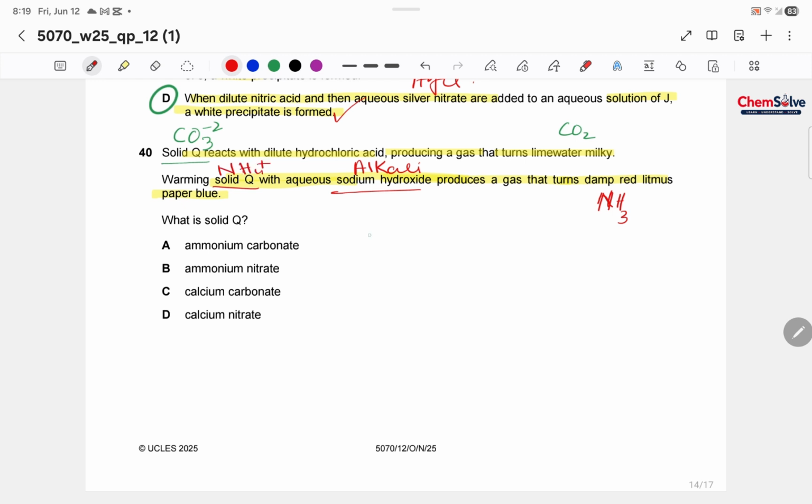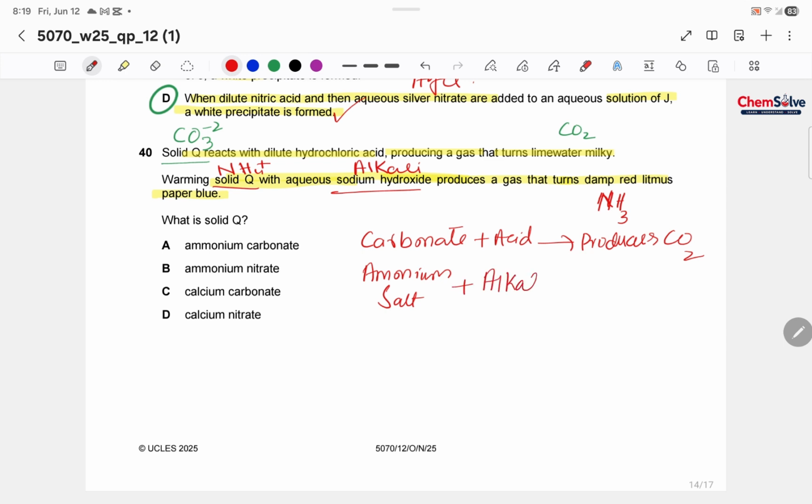Alright, any carbonate with acid produces carbon dioxide gas, and any ammonium salt on reacting with an alkali produces ammonia gas. This is our concept.